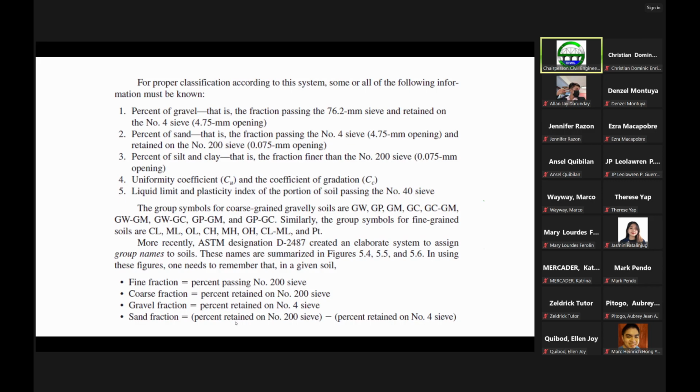The gravel fraction is defined as the percent retained on the number 4 sieve. Please take note of that. And then the sand fraction is defined as the percent retained on the number 200 sieve, or that's equivalent to 100% minus the percent passing the number 200 sieve, depending on what is given.